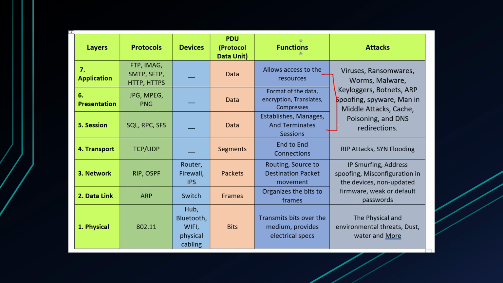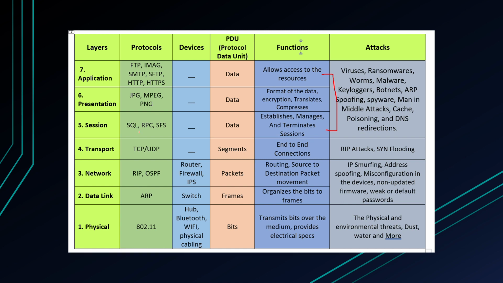So what attacks happen? Viruses, ransomware, worms, malware, keyloggers, botnets, ARP spoofing, spyware, man-in-the-middle attack, cache poisoning, and DNS redirection. These types of attacks can be done in the first three software layers.